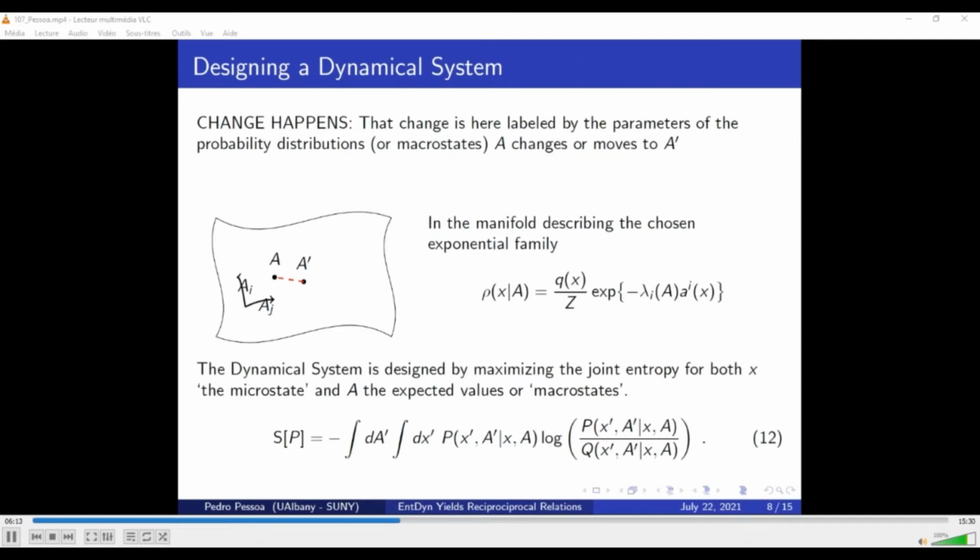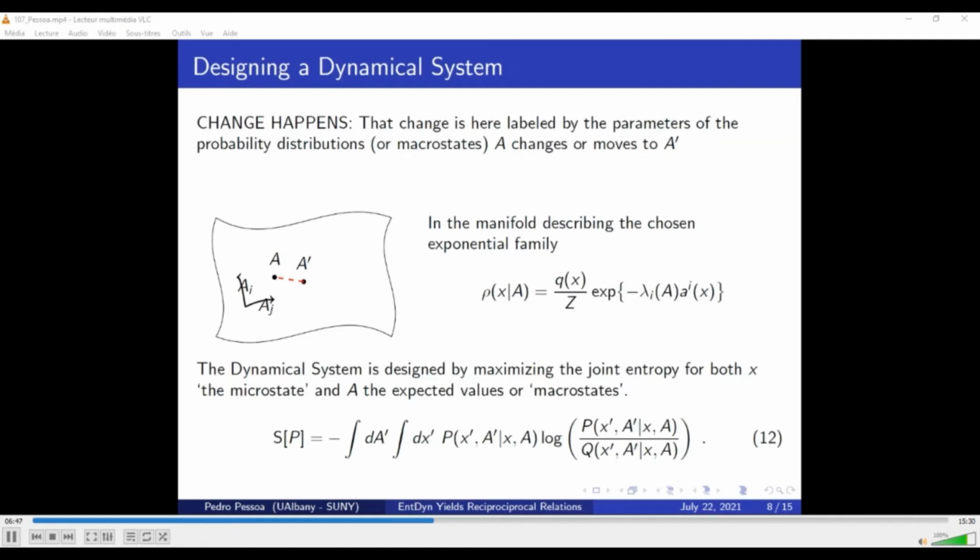With this already established statistical manifold, we'll call, as in statistical mechanics, the variables x, the original space where we did MaxEnt in, microstates, and the probability distributions defined over it, the elements of the manifold, macrostates, which are parameterized by the coordinates capital A. Again, every set of expected values, every set of A, gives you a probability distribution.